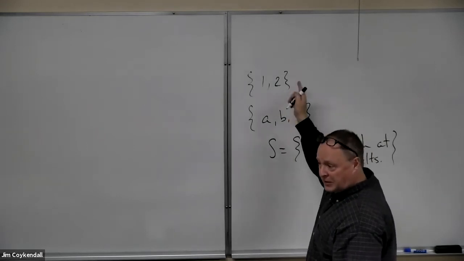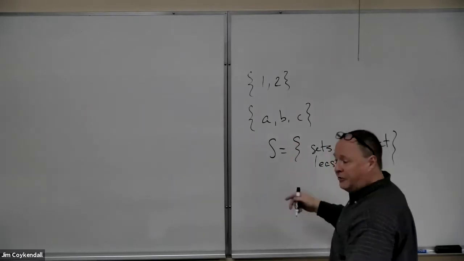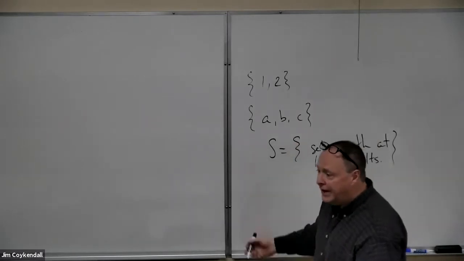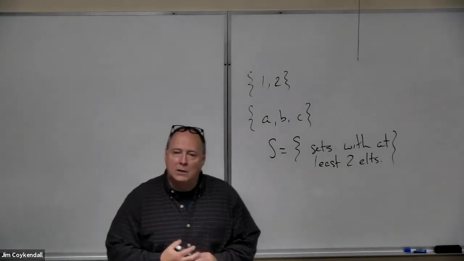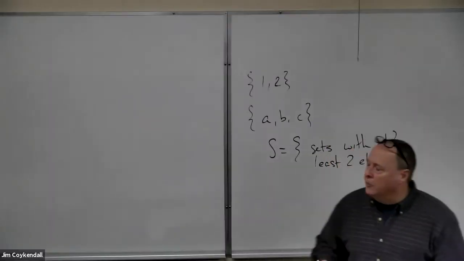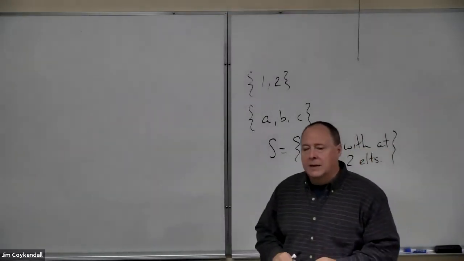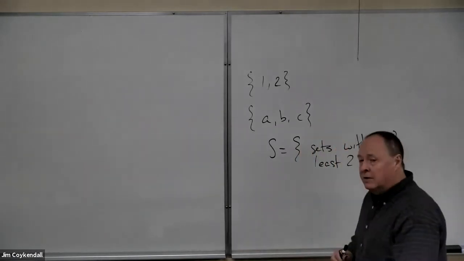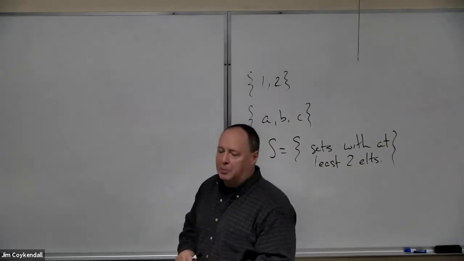Everybody agree? This is a set with at least 2 elements, and so is this. So the set S itself is a set with at least 2 elements. That's kind of weird, isn't it? Because these last 2 examples are sets that may contain themselves as elements. Seems plausible here, but we're going to see that this actually leads to some problems.